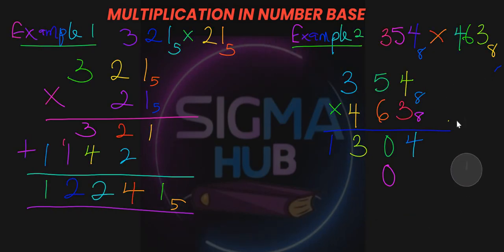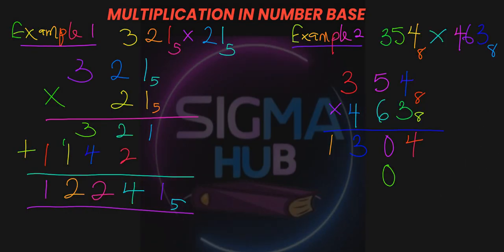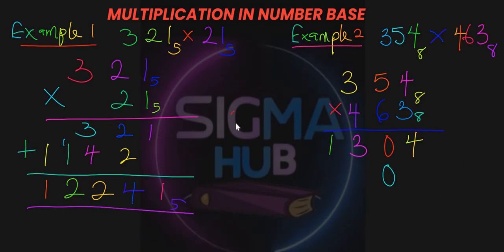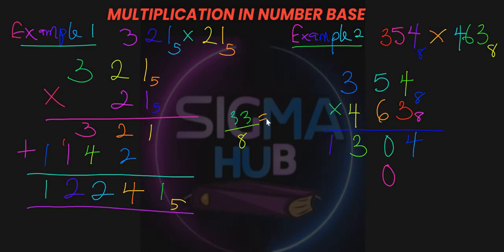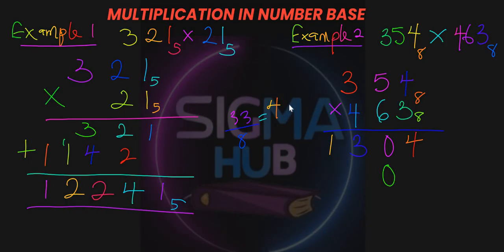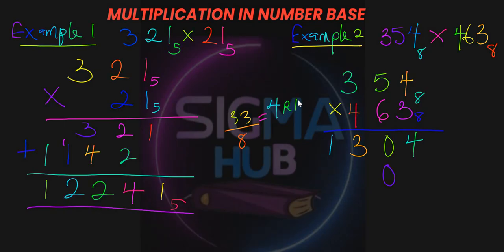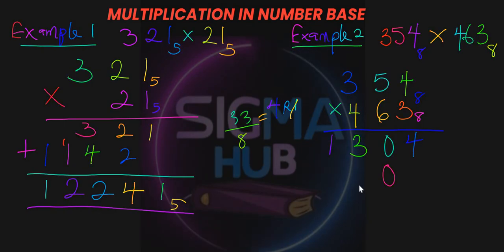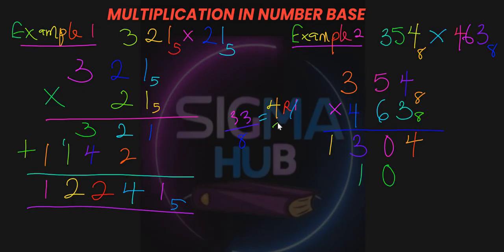So 33 divided by 8 is going to give me 4 remainder 1. Of course, we are going to write the remainder, which is 1. Then I keep 4. Then 6 times 3 is 18.